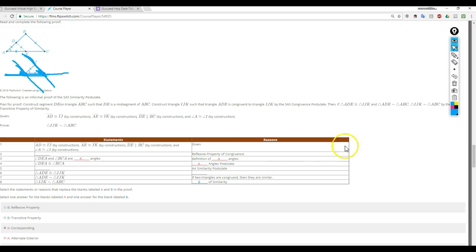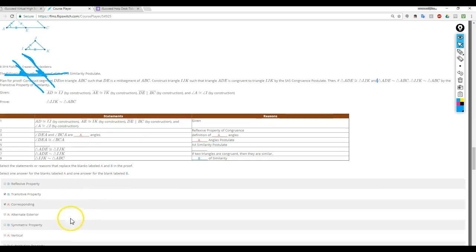Blank of similarity. They listed it out in the proof plan right here. Triangle ADE is similar to triangle ABC, and triangle IJK is similar to triangle ABC. So by the transitive property of similarity. So it's our transitive property.